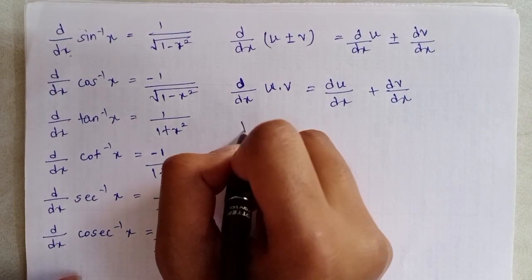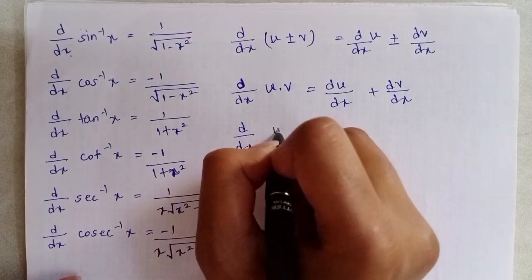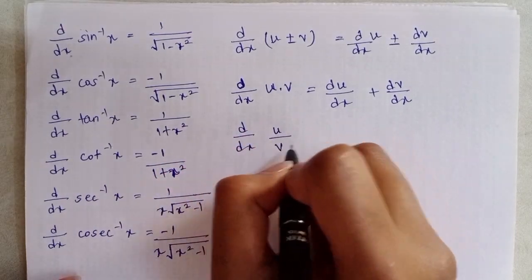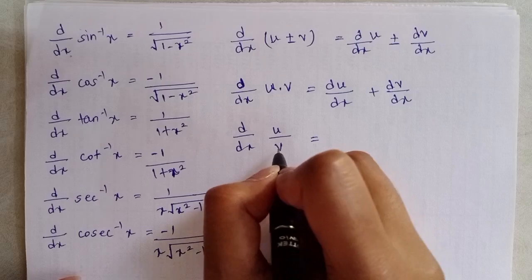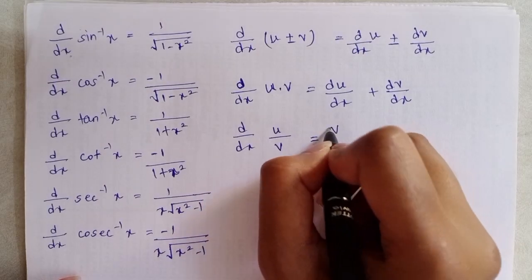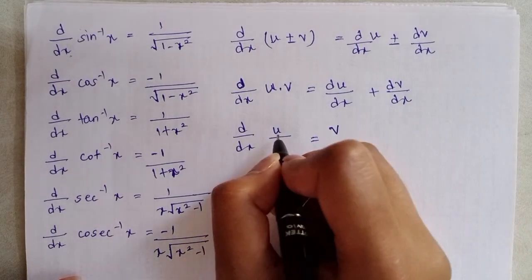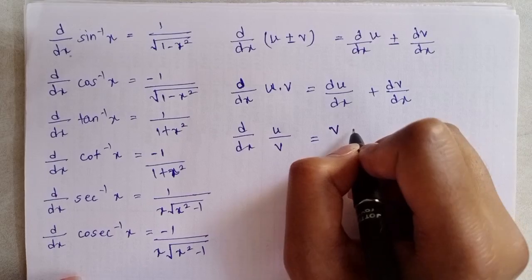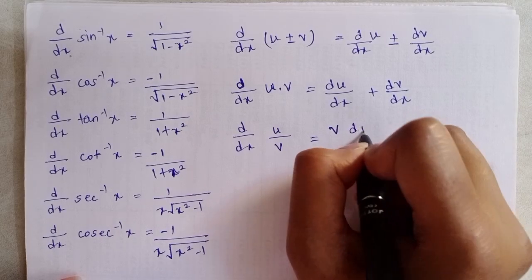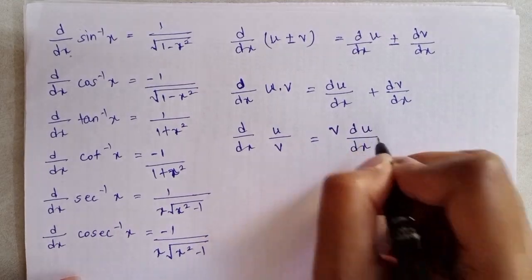If there is a multiplication operation, that is derivative of u into v, we will take derivative of the first term, then addition and derivative of the second term. If we have a division operation, then derivative of u upon v: we will write the denominator v, then take derivative of the numerator u.